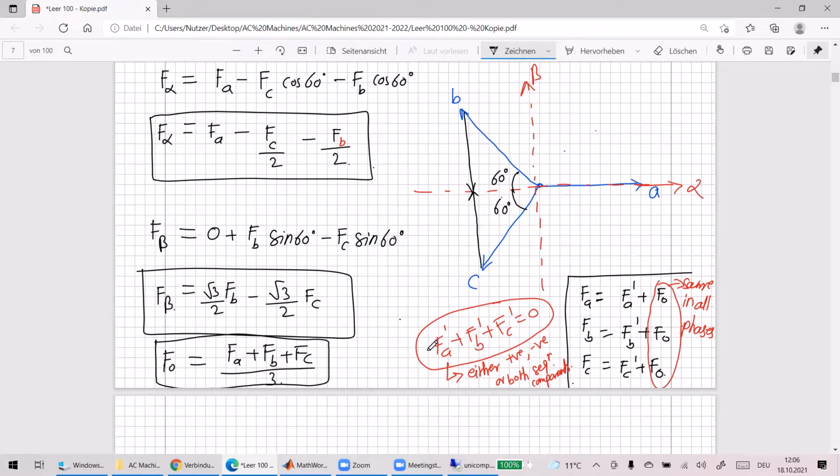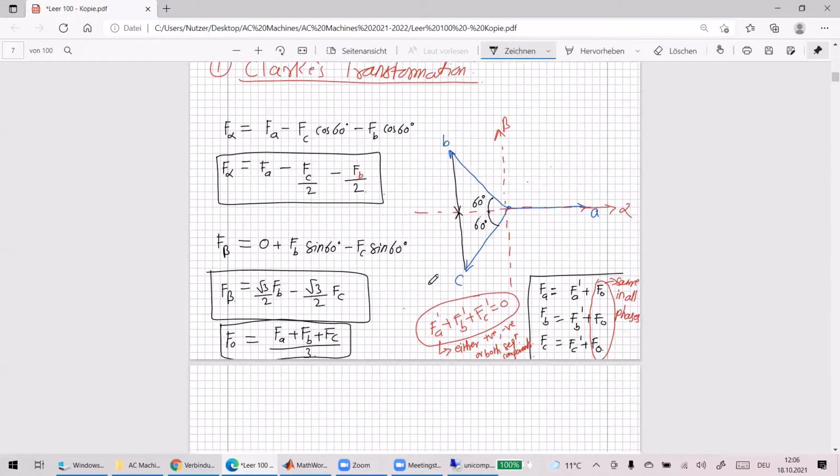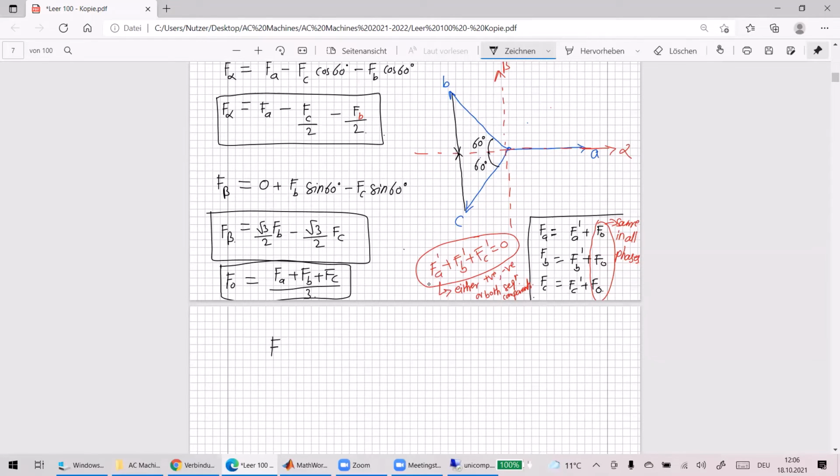I think it's easy. Now we want to make a matrix out of it. You can also write the matrix very easily. So we want to write F alpha, F beta, F0 here, and this is your FA, FB, FC. Can you help me fill this matrix? What's going to be the first element? 1.